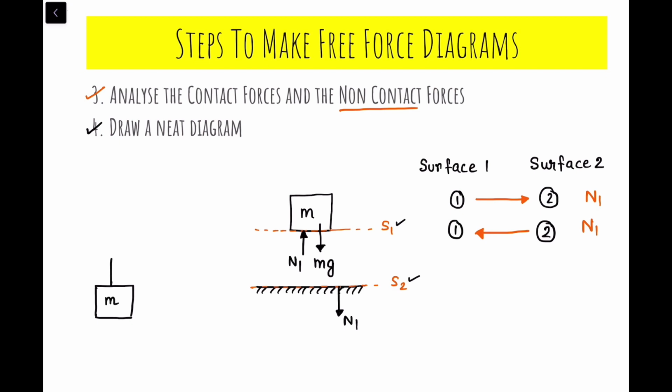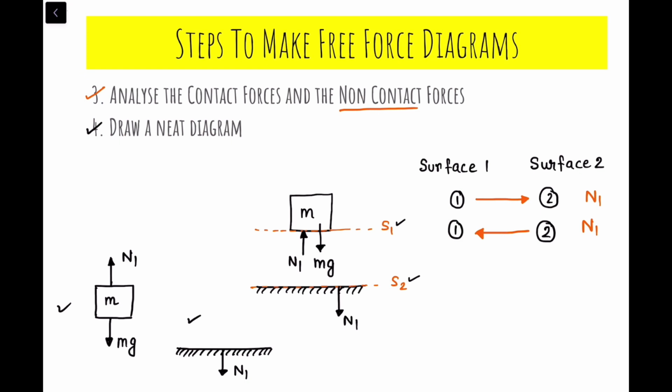Upwards the force is N1, downwards the force is mg, and this is our ground, and downwards on the ground the force is N1. So this is our free force diagram. I hope you got this.